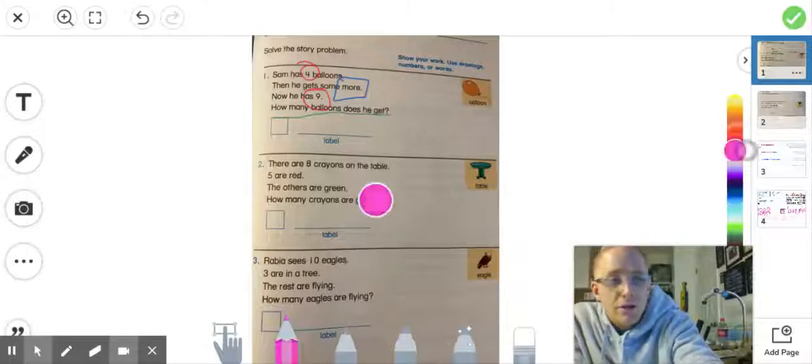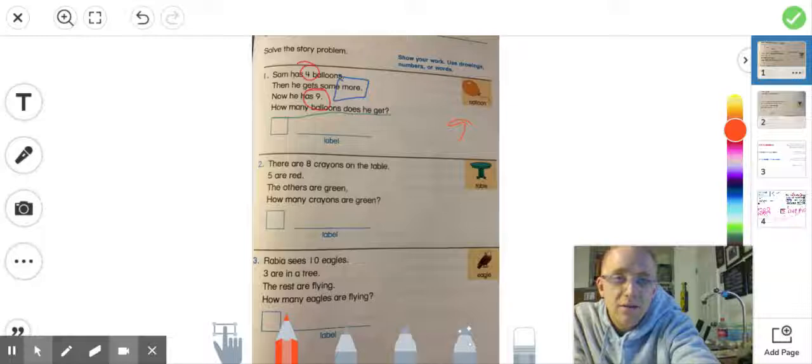Let's go ahead and write an equation. I know that now he has 9. 9's my big number. We know we're doing missing addend, so something's got to equal 9. Started with 4 plus blank equals 9. Let's try and solve it. Well, I've got 4. 1, 2, 3, 4 balloons. 5, 6, 7, 8, 9.